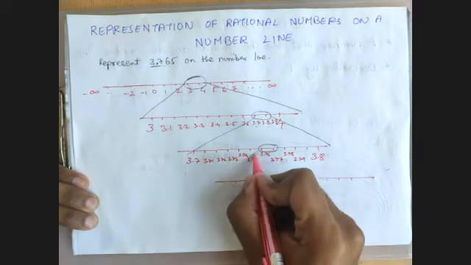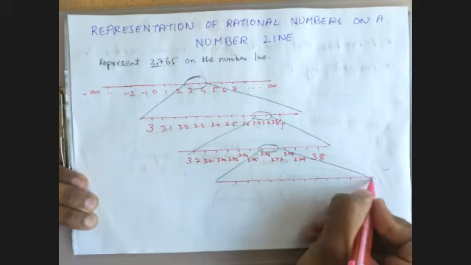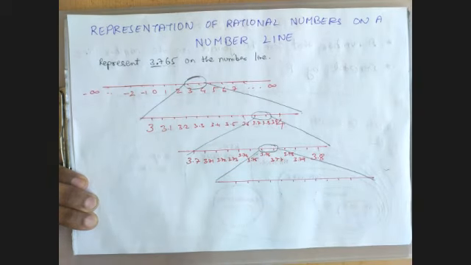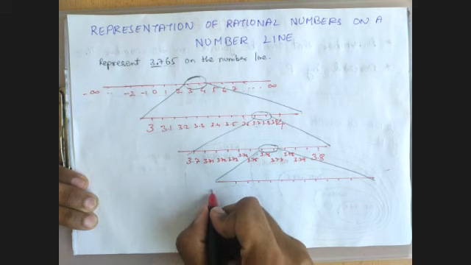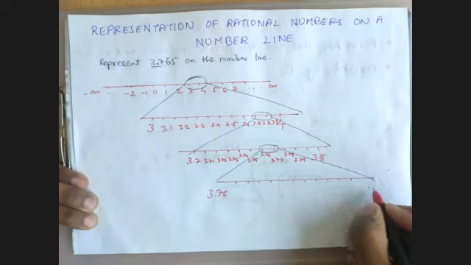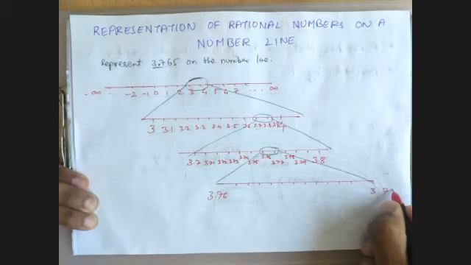So I zoom this again. Let me take this as 3.76 and this as 3.77.